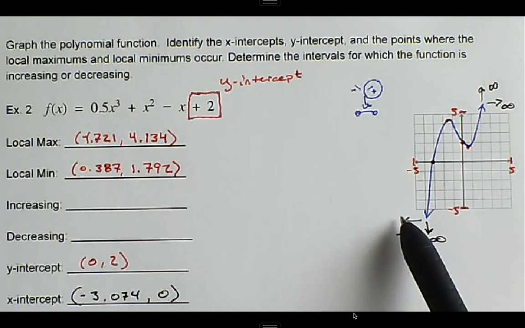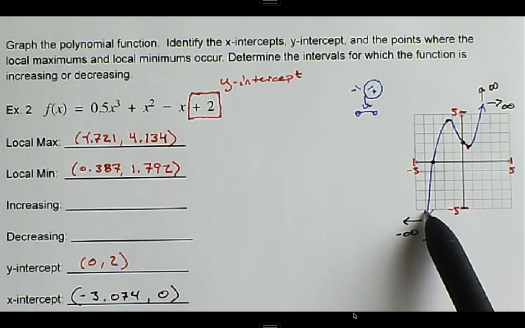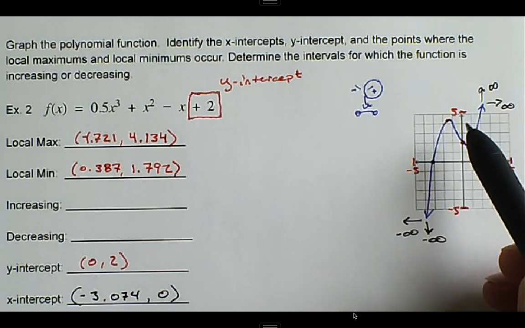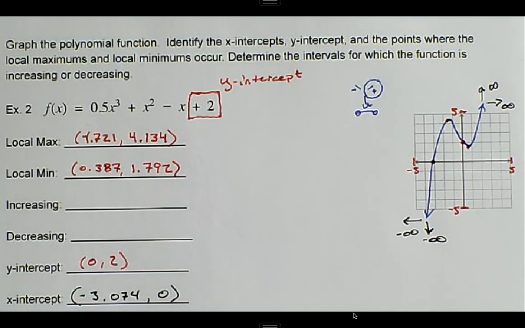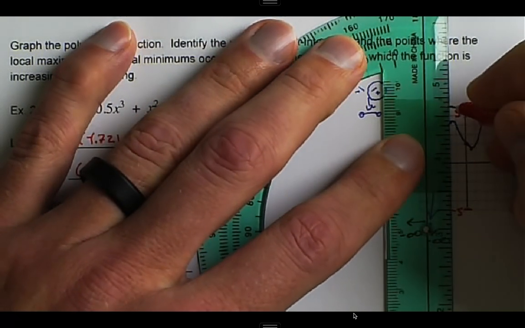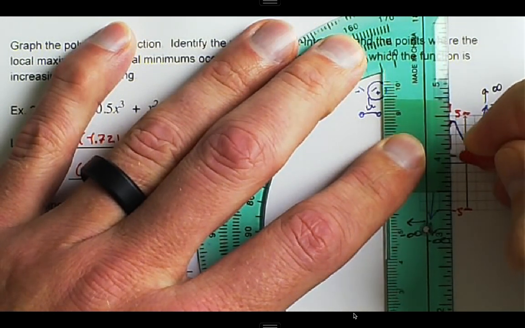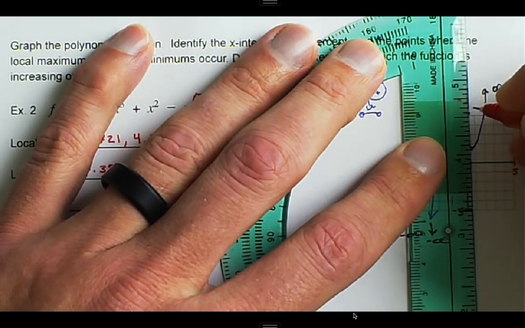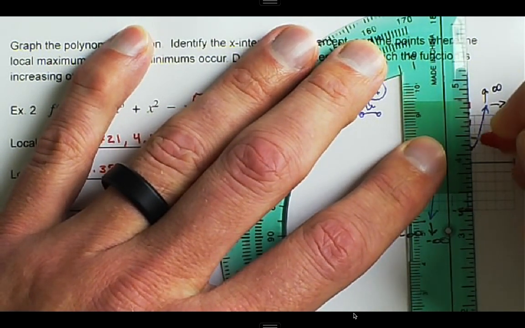So we're going to trace our graph as we go from left to right, and we know that it's increasing all the way up till we get to our local maximum. And then it decreases all the way till we get to our local minimum.